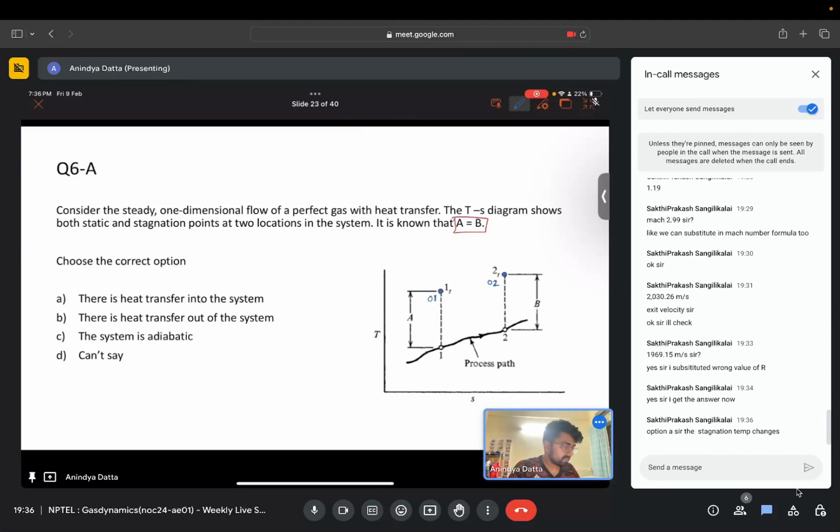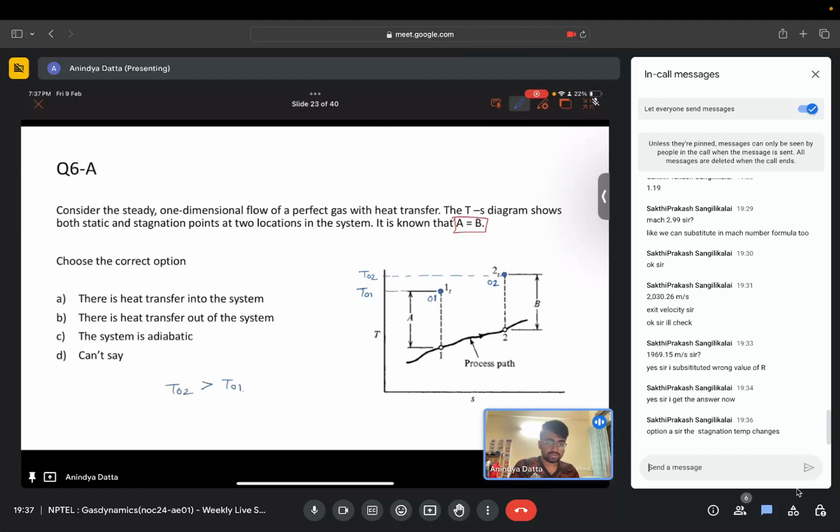If you project this here, this is T01 and this is T02. What we see here is T02 is greater than T01.